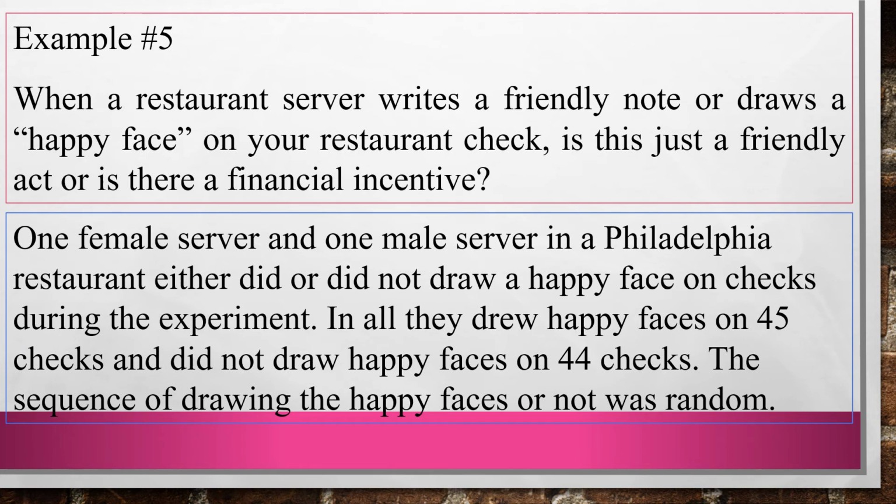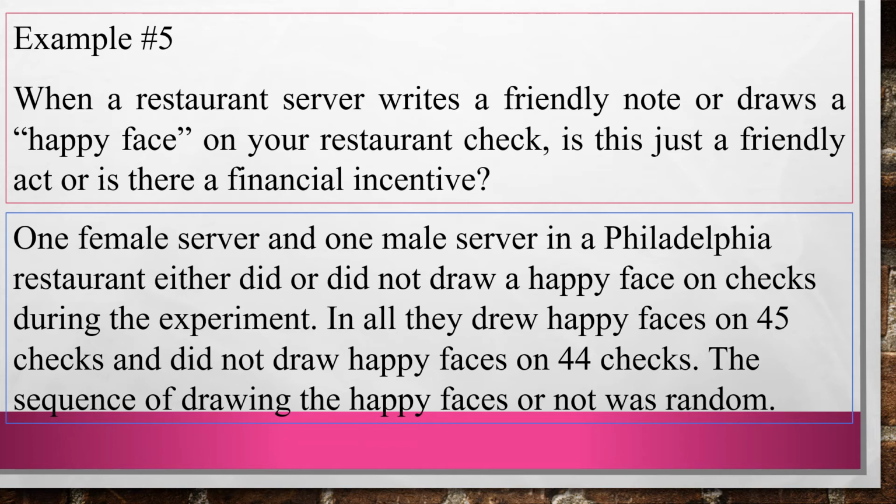Example number 5. When a restaurant server writes a friendly note or draws a happy face on your restaurant check, is this just a friendly act or is there a financial incentive? Psychologists conducted a randomized experiment to investigate whether a drawing of a happy face on the back of a restaurant bill increased the average tip given to the server.